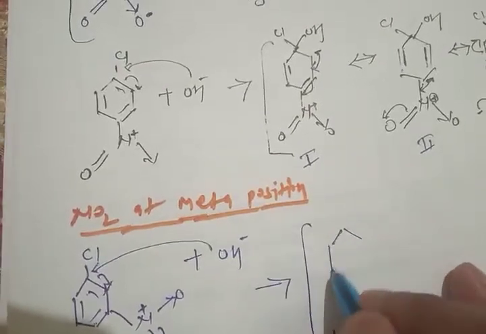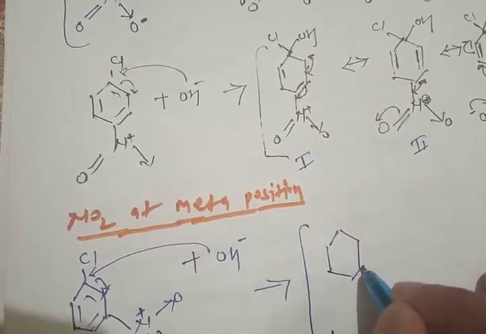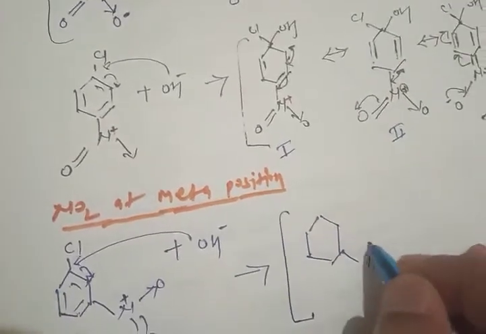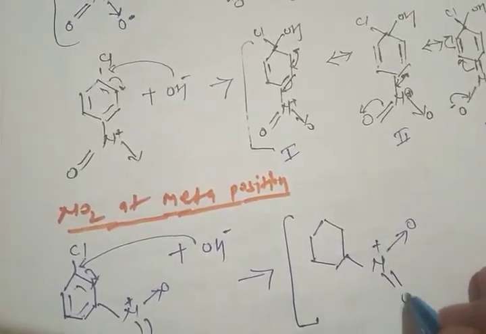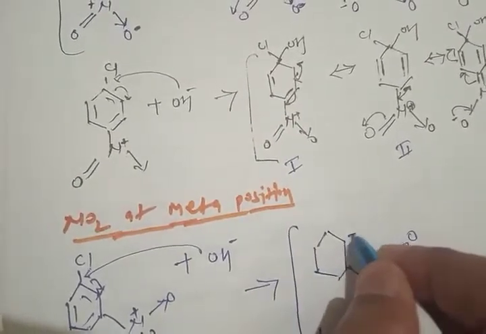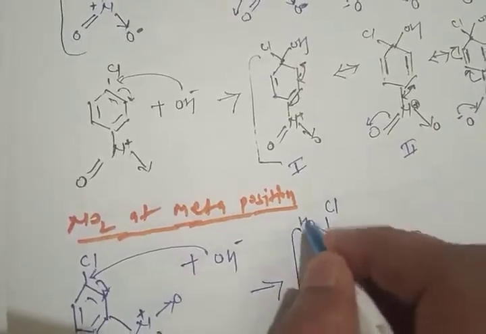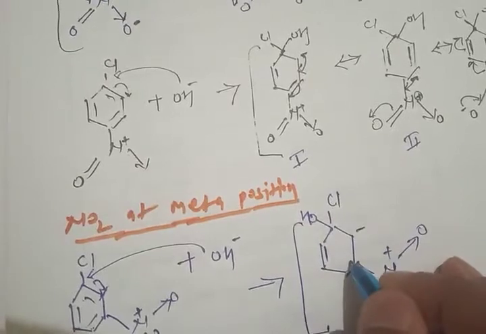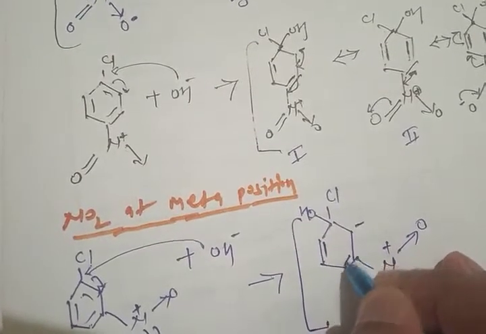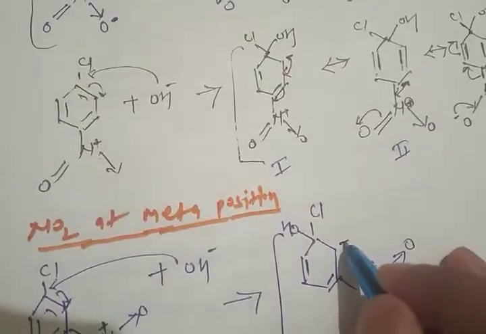So here the first structure at meta position is: we have nitrogen plus, O double bond oxygen, and here we have a negative charge, Cl and OH is there, and this will give you the structure like this. Okay, then move for the next one.